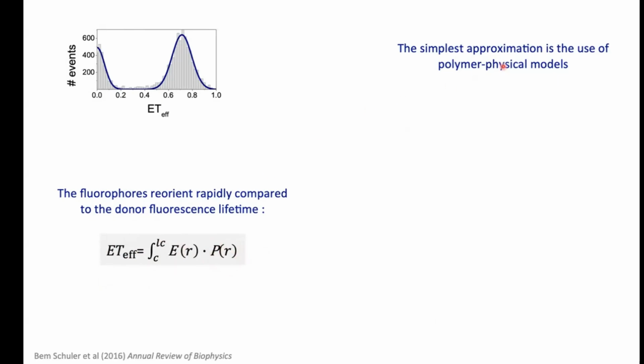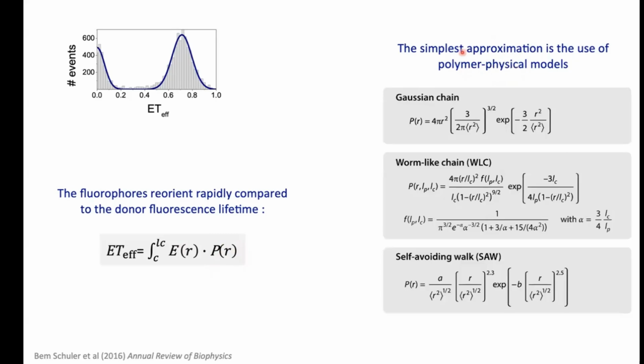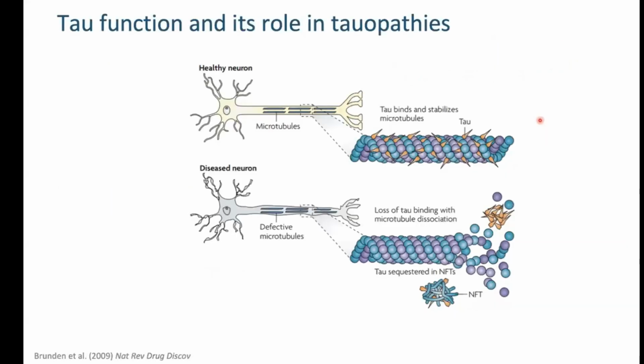And the simple way to interpret this distribution is to use polymer physics models, which have been used so far. In most cases, the Gaussian chain polymer model, also the worm-like chain, the self-avoiding walk, but in most cases a Gaussian chain polymer model has been used as a simple approximation, where you can determine the mean end-to-end distance.